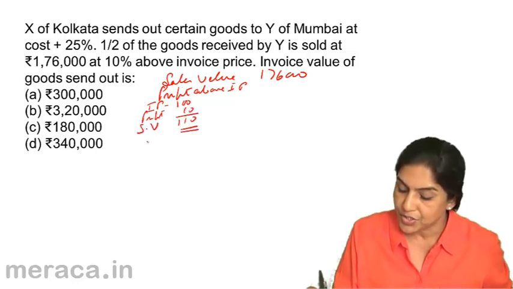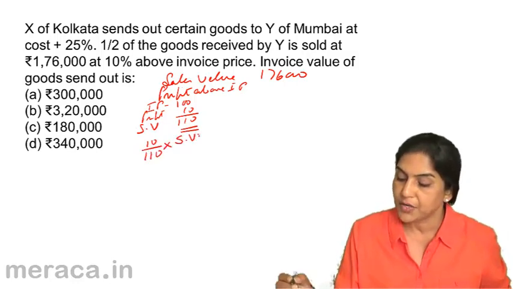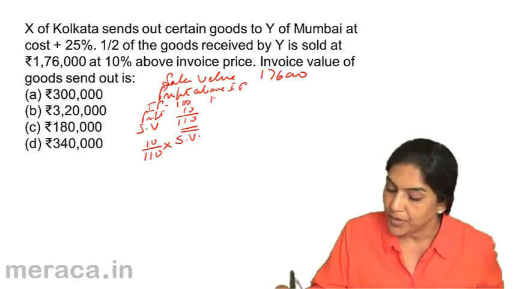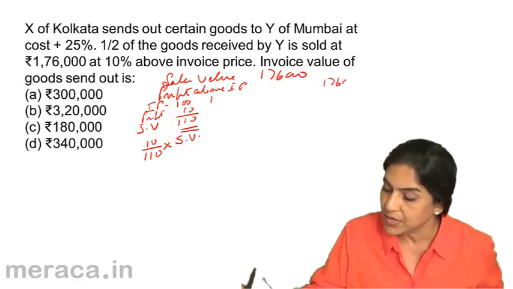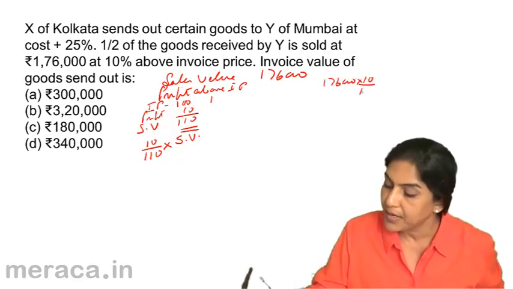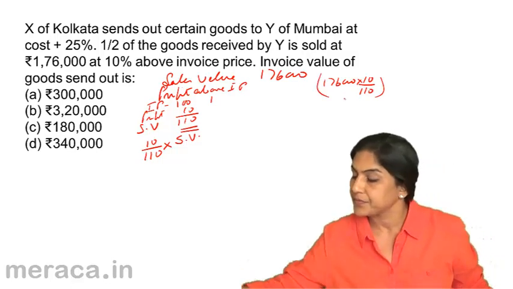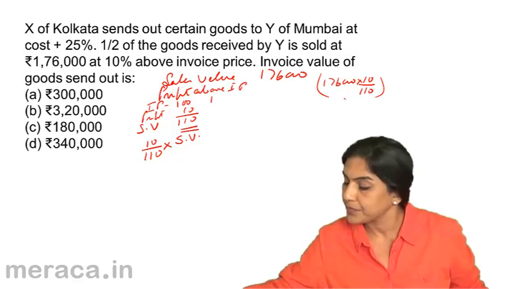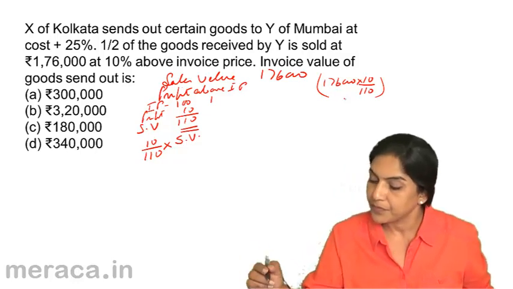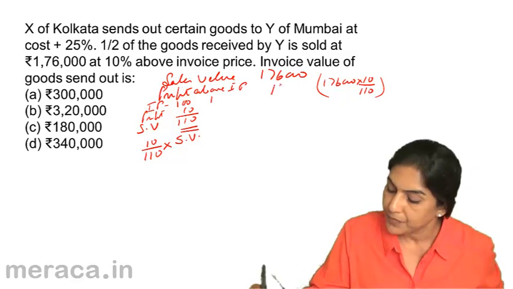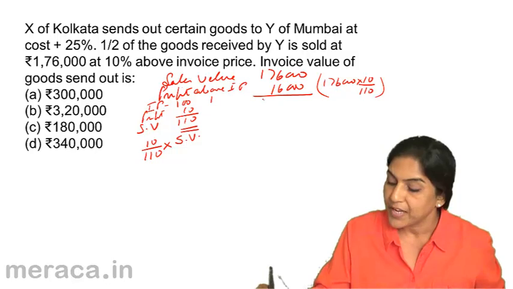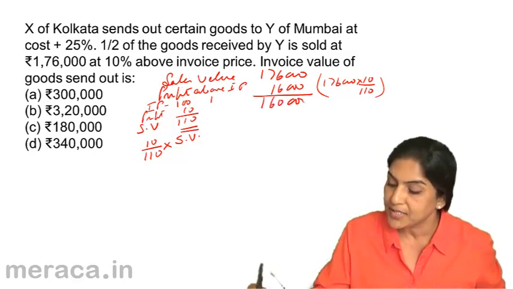So what is your relation? 10 by 110 of sales value. So what is profit? Profit would be 1,76,000 into 10 by 110, which is 16,000. So this is sales value. Therefore, the invoice price would be 1,60,000.